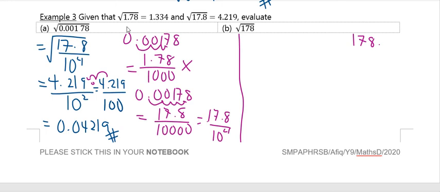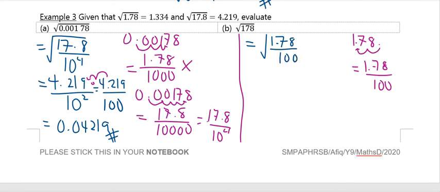If you got the cents, you will straight away go to 1.78 over 100, because here 100 is a square number, so you can straight away use this one. 1.78 over 100 under the square root.